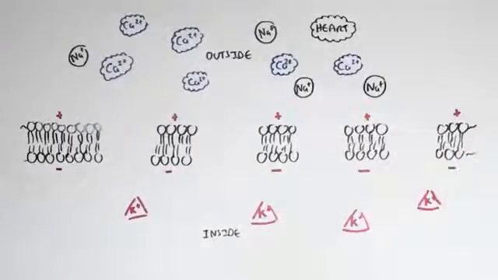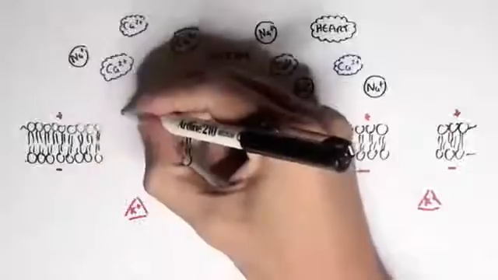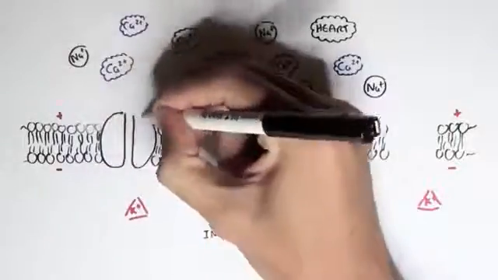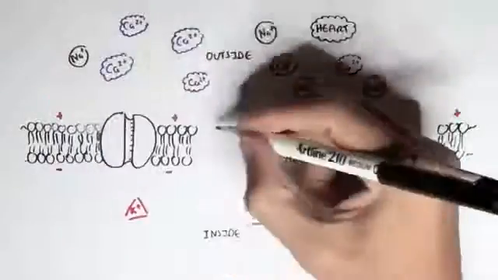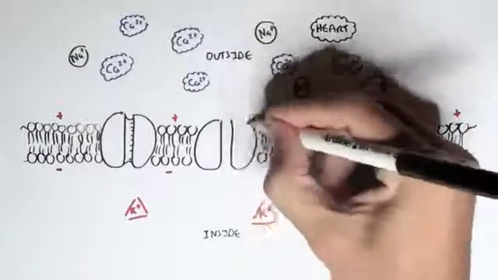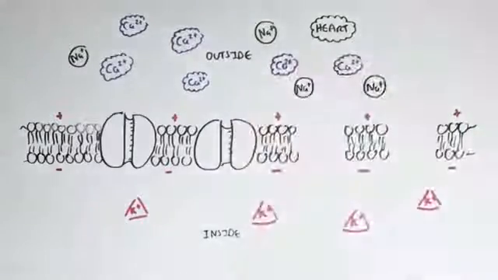Now when these different ions move from one side to the other, they will change the membrane potential, of course. How do they move? Well, they move through protein channels, protein pores. So when these ions move through these specific protein channels, they will change the membrane potential.